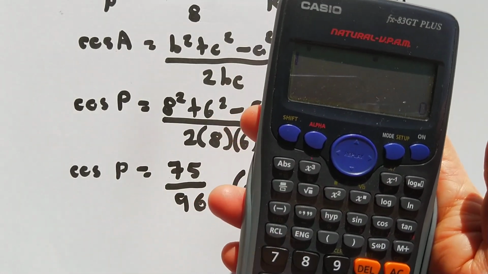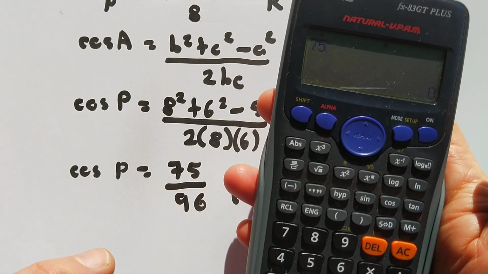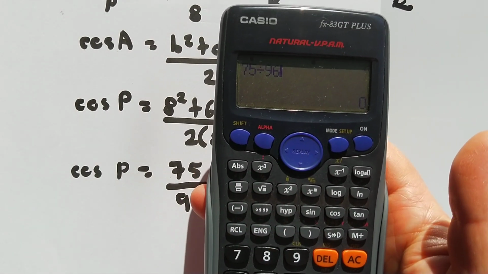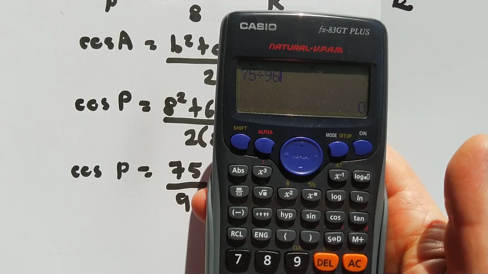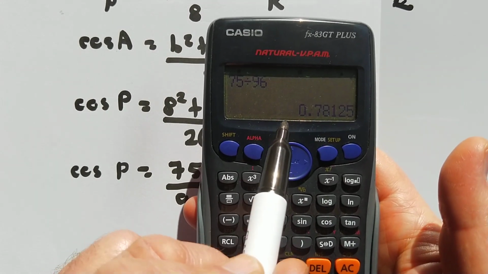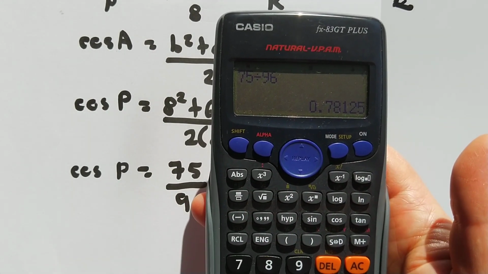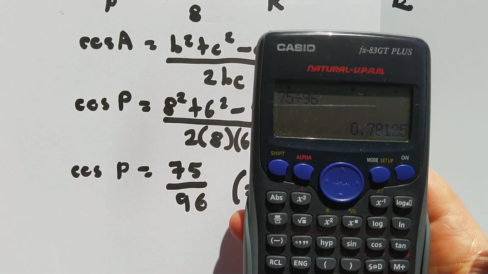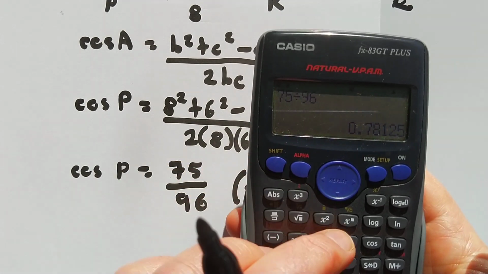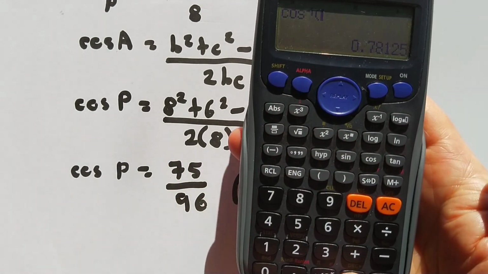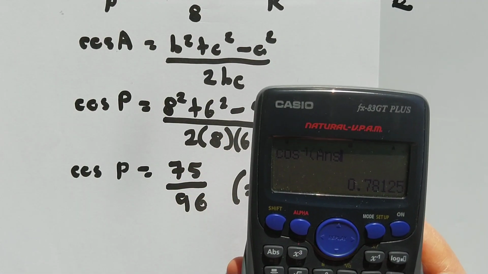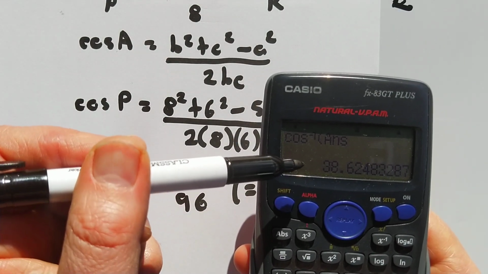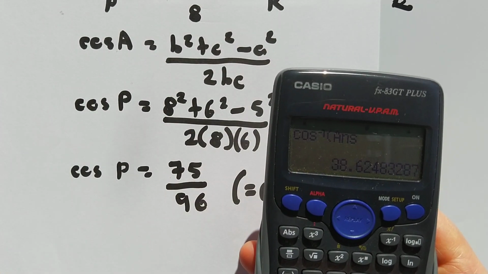I take my 75, divide by my 96, equals, there we are, 0.781 and so on. And then I'm going to de-cos that because I just want what P equals. So shift cos of answer, equals, and now this is my last step, so now I can round off: 38.6.